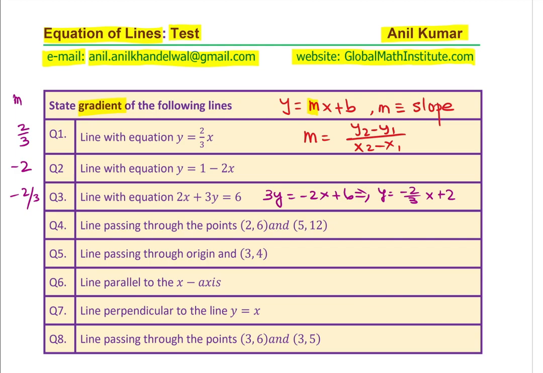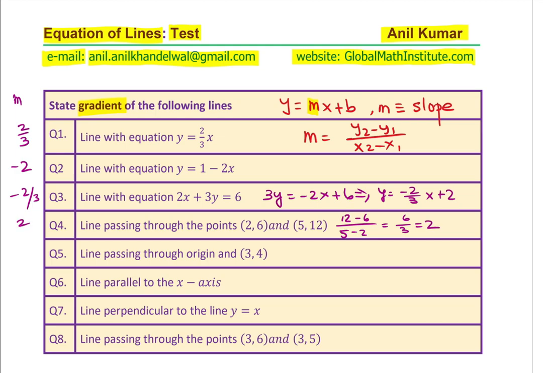Line passing through 2 points, use the formula y2 minus y1 over x2 minus x1. So that will be 12 minus 6 over 5 minus 2, which is 6 over 3 or 2. And so we get the answer 2 for this.